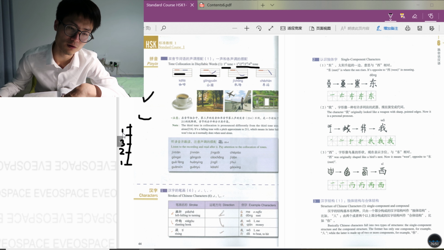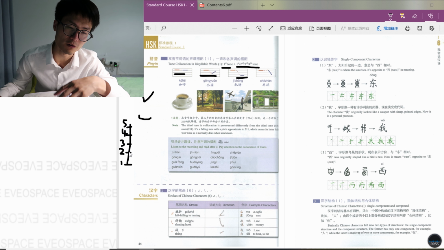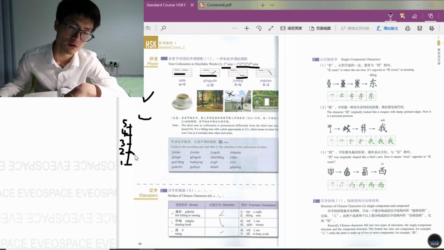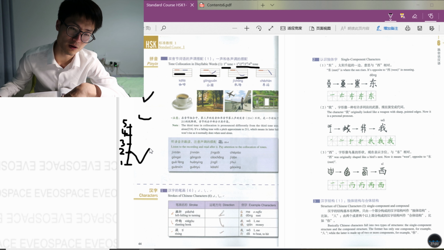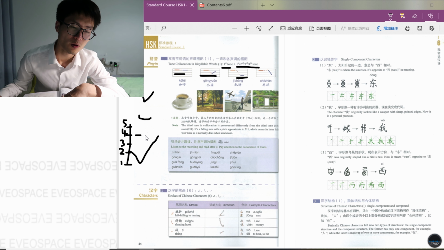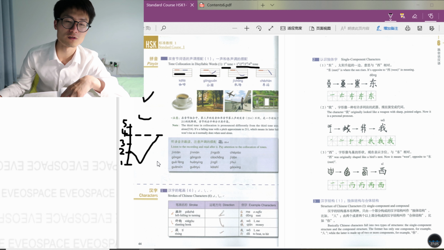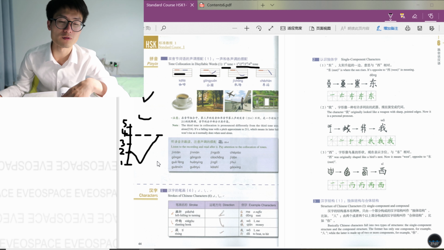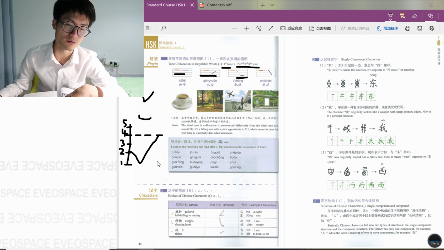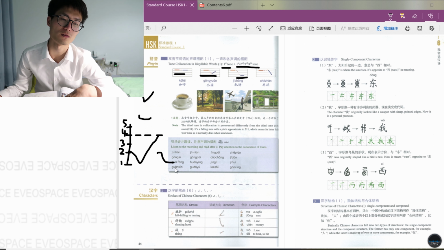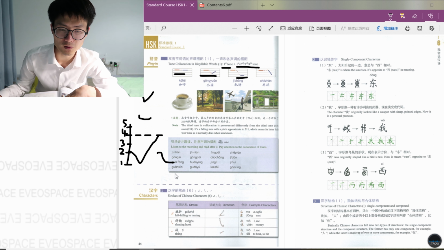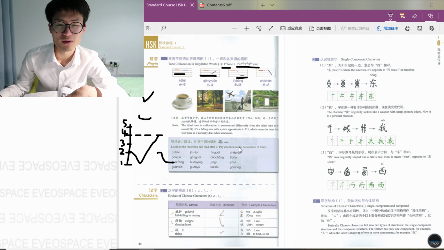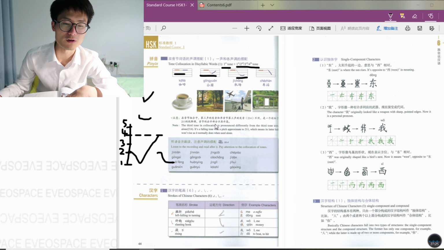Okay, then if it's used alone, it's like this. Okay, but if it's used in normal conversation, then it would sound like this, starting from 2, dropping to 1, and then stays at 1. Okay, so it's more like a fourth tone.